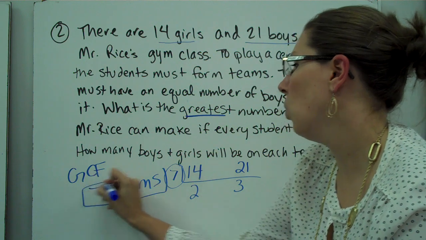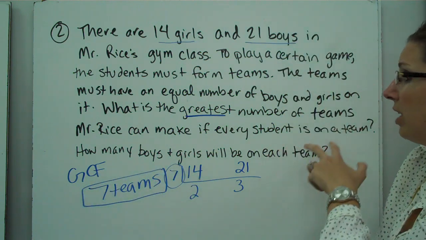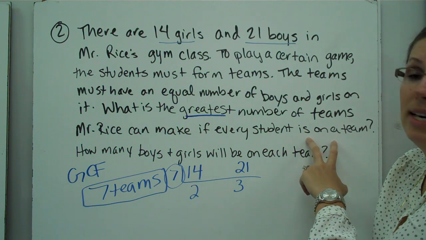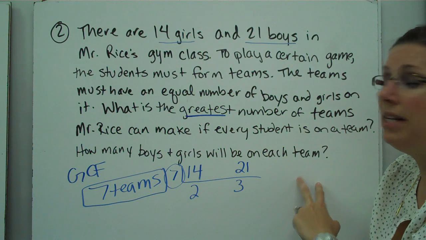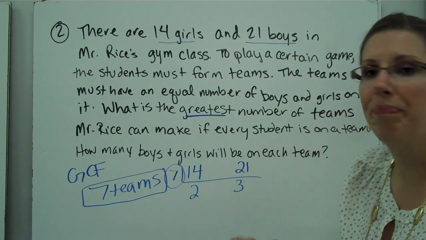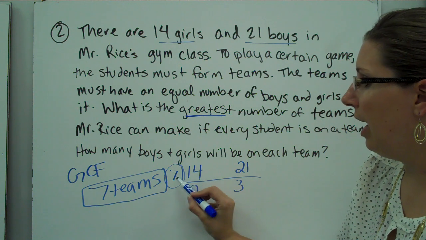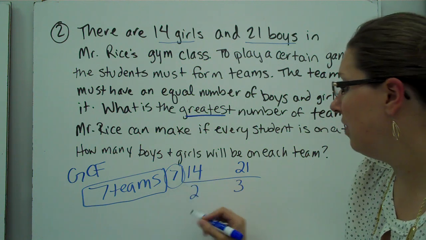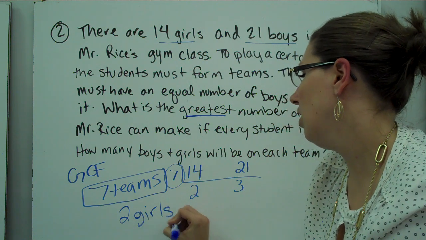But that's just one part of my problem. The greatest number of teams he can make is 7. Now we have to figure out how many boys and how many girls are going to be on each team. Well, there were 14 girls, and if I'm making 7 teams, then there's 2 girls on each team.